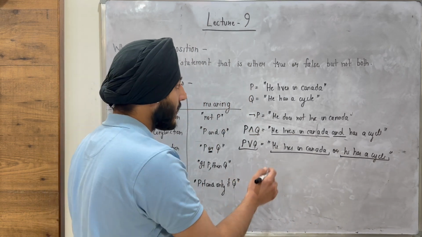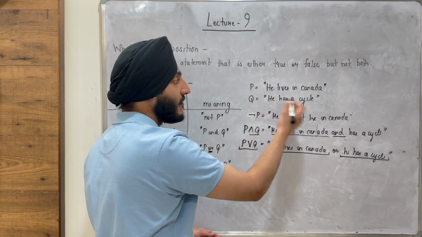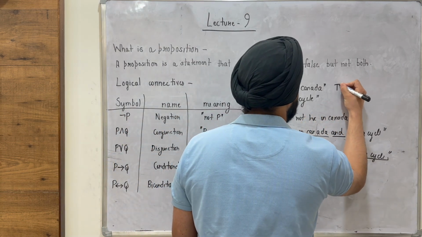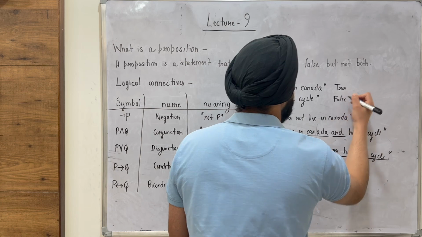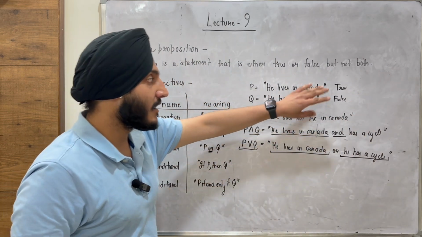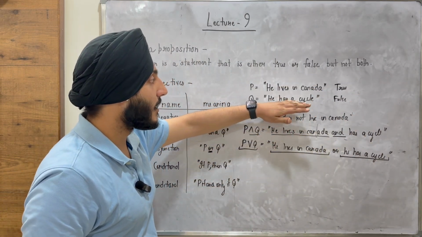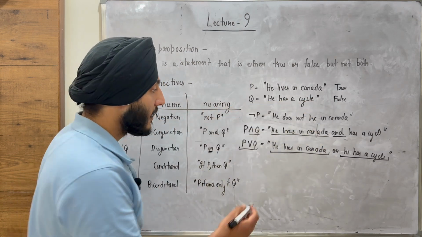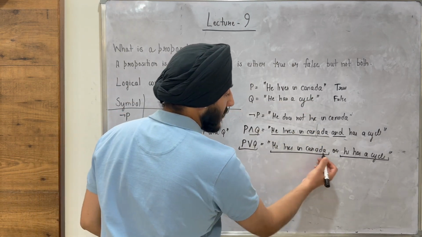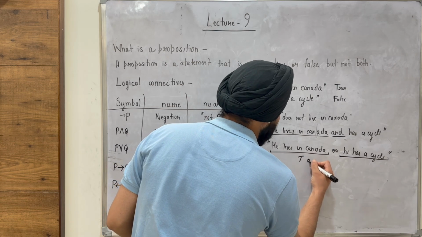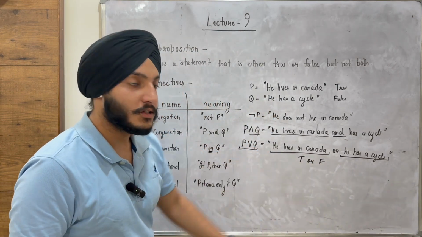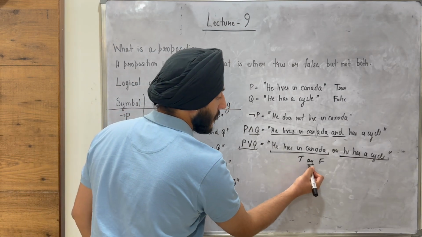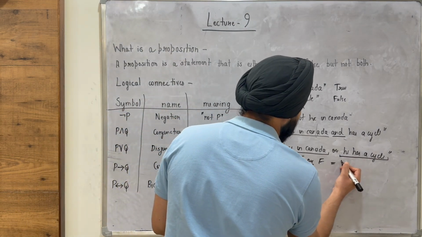So let's try to understand with this example, right? He lives in Canada. Let's say this is true. And let's say this is false. So in the case where he lives in Canada is true, he lives in Canada, but he doesn't have a cycle. We have true or false over here, and whenever you have a disjunction in between, it always results in a true.